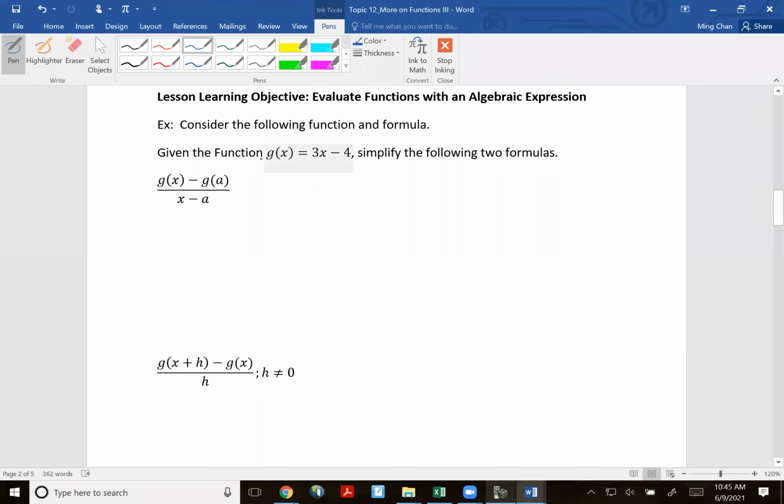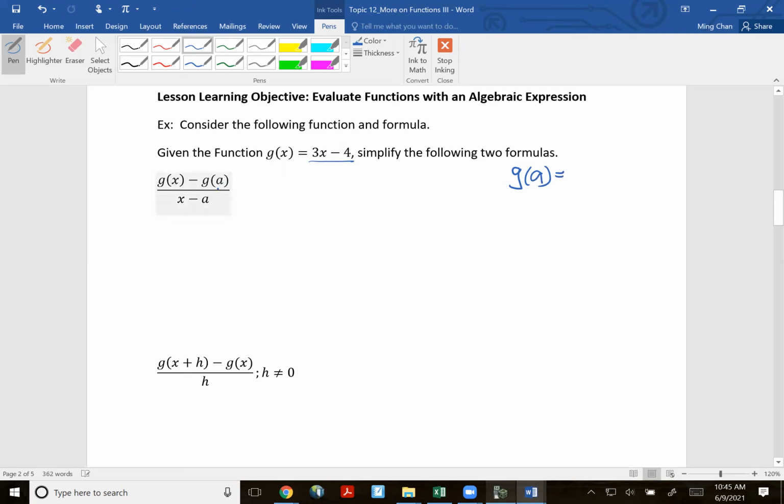So we need to substitute this function in here. This g of x is the same as this g of x. Now, what is g of a? Let me do this on the side. g of a simply means I substitute a into my function g of x.